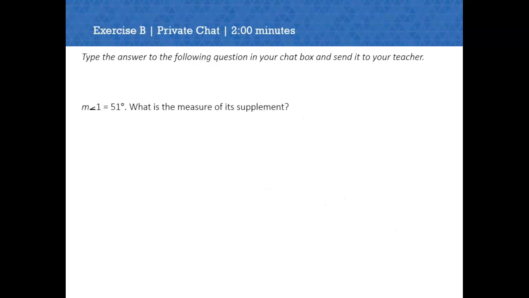The measure of angle 1 is 51 degrees. What is the measure of its supplement? Supplementary means they add up to 180 degrees. Sometimes in this unit, the math isn't the difficult part. The difficult part is just remembering the definitions. So supplementary is 180.